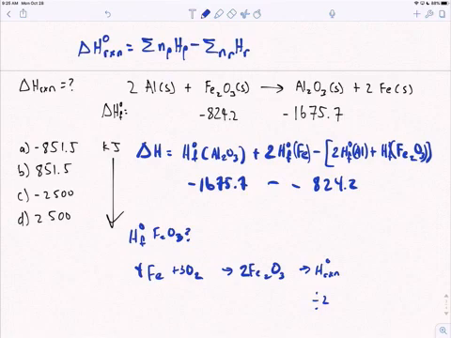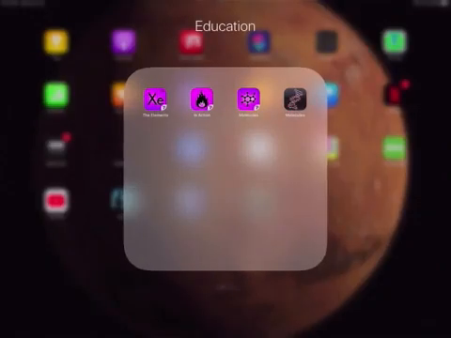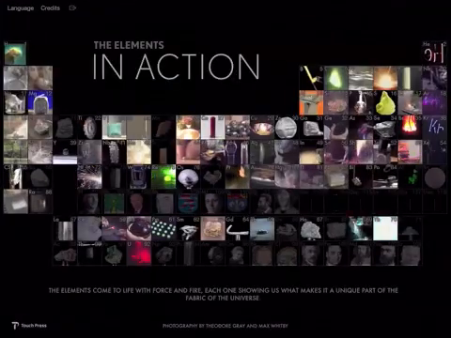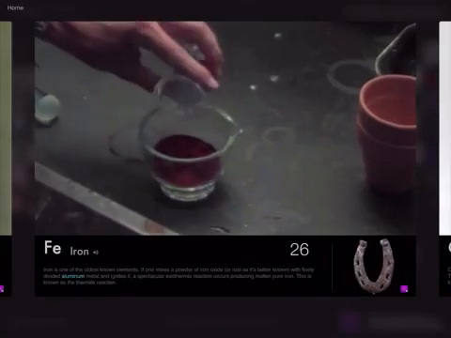And the other thing is, let me get my iPad. So if you're wondering exactly what this is, do we have iron? Oh yeah, here's a thermite reaction. This is the one that we did.